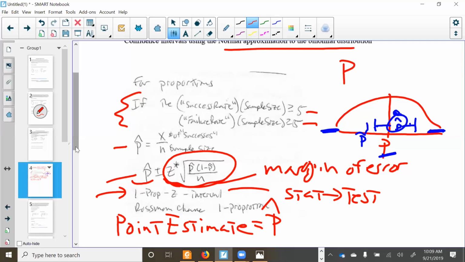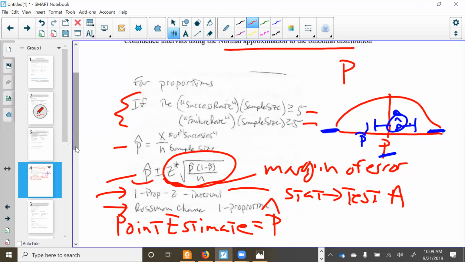But in case you do, this is a one prop Z interval on my calculator. It's choice A. So if you arrow to stat, test, come down to A, and it says 1-PropZInt. So you can use your calculator if you have it to do this. I'm going to show you how to use this Rossman Chance applet. That works very slick, and it's free, and it's online and easy to grab a picture of.